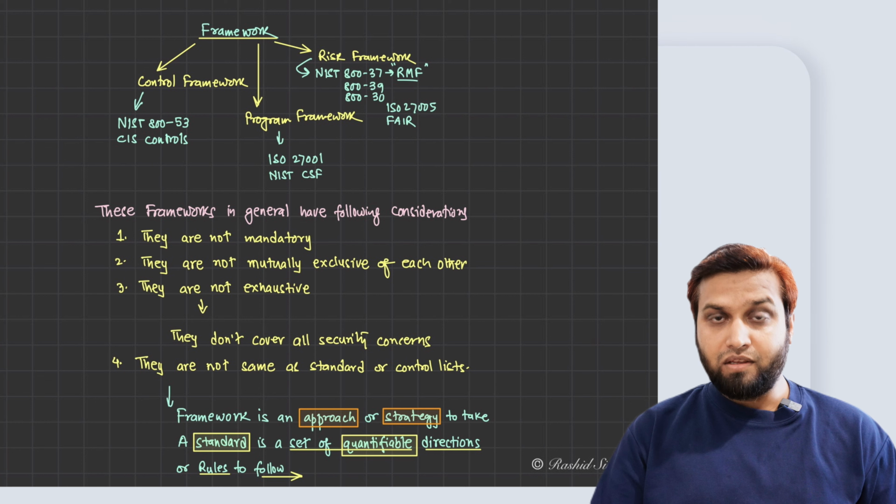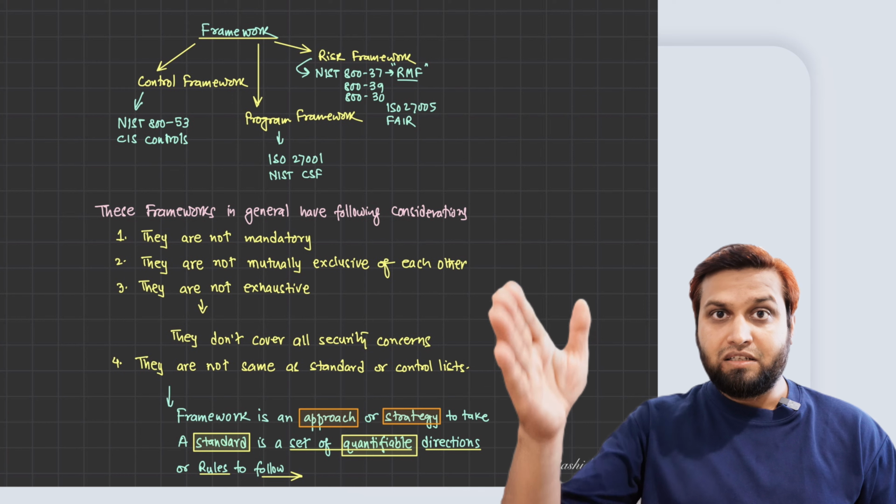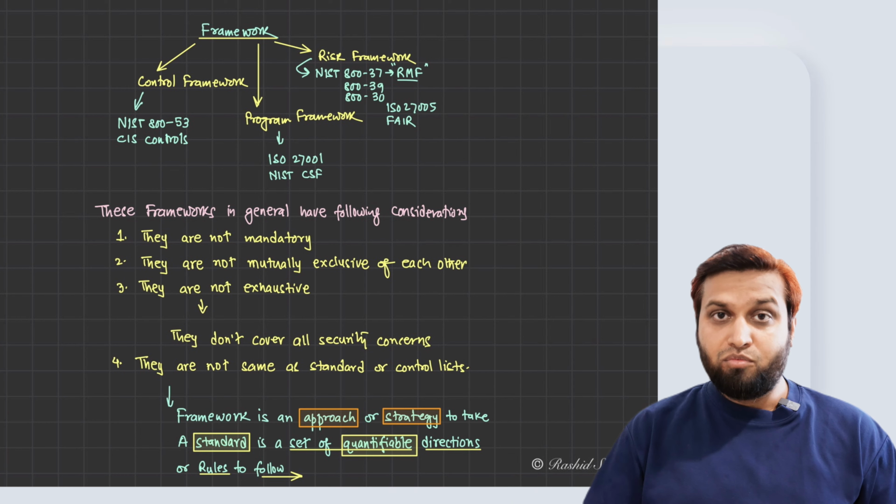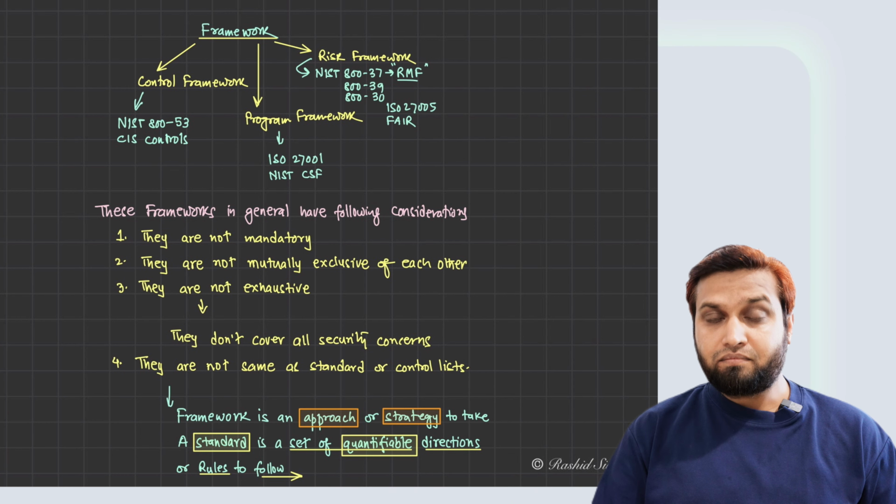It's also not a control list, because a control list is just a list of all the controls, more like NIST 853. Think of a shop: it is not just one aisle where you have got everything. There is a structure, there is a hierarchy, and this structure and hierarchy is thought of as a framework, right? And in that framework there are specific security controls. I hope this is understood.